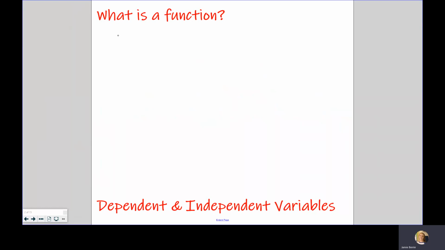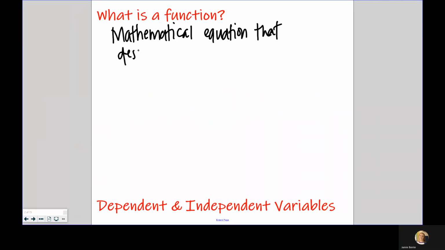So a function is a mathematical equation that describes a relationship between two variables.